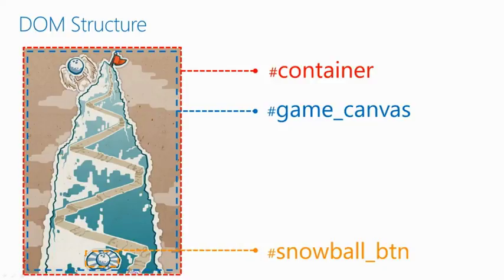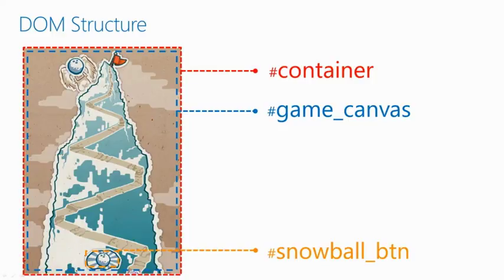That way, as the container scales, the game canvas scales with it. At the bottom of the screen is the snowball button, and that's just a simple button or div element that gets click events, and then passes those on-click events into the game logic. And that's also scaled with a CSS style.